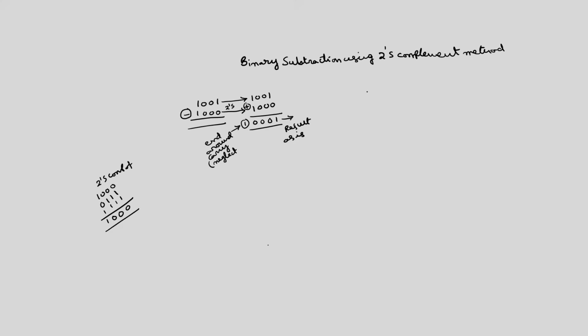On the other hand, if we have 1000 minus 1001, you take the minuend as it is, and for the subtrahend you take the 2's complement.